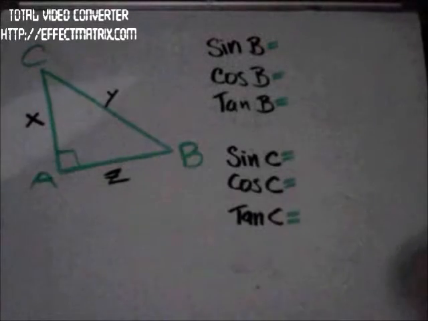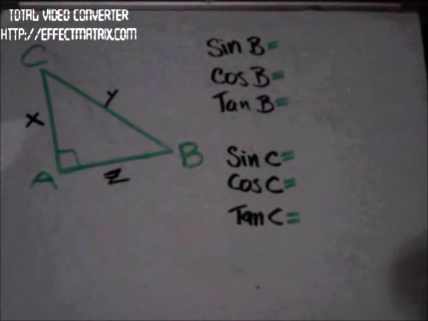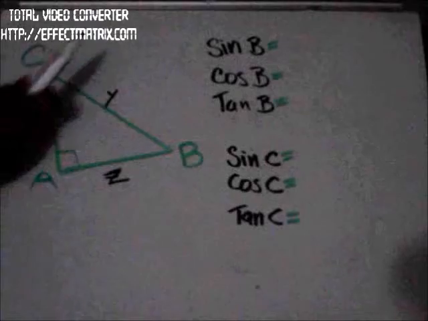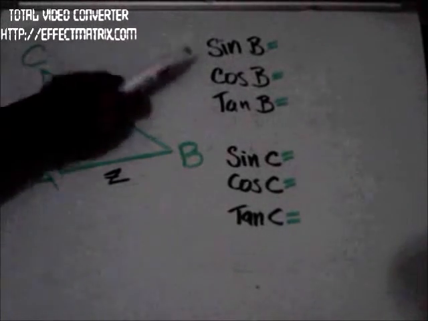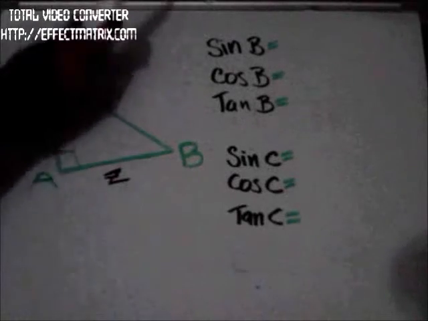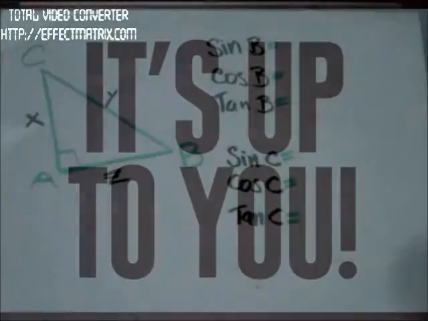So now we start with the first exercise. This is a triangle with angles A, B, C, and side lengths of X, Y, Z, and we will find the sine, cosine, and the tangent of B and C. Now, you can try it by yourselves with the tools I've given you.